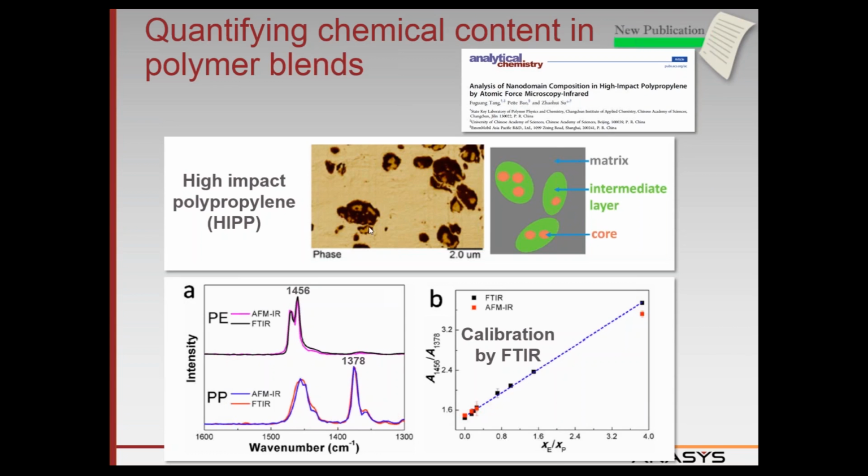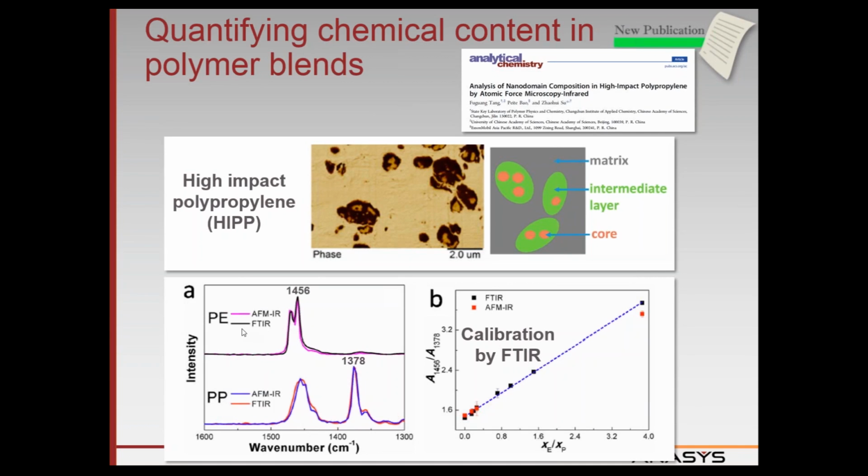So what this team did is they used a combination of AFM-IR and then conventional bulk infrared spectroscopy, FTIR, to build up a calibration to perform this quantitation. So the first thing that they demonstrated, and that we've shown in our webinars, is that there can be very good correlation between measurements made by FTIR, in this case shown in the dark color, and AFM-IR shown in the reddish pink color.